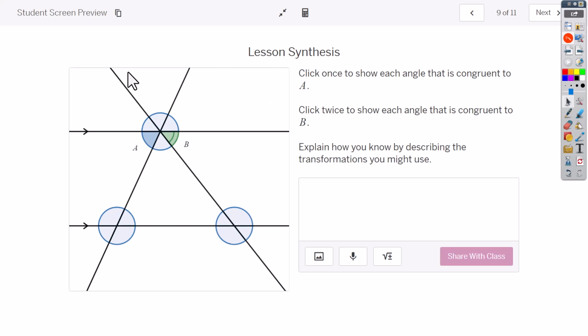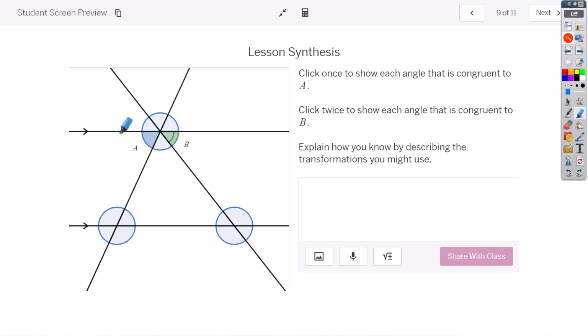All right, now this gets a little bit hairy, but let's see if we can keep our eyes focused on what's important. I'm going to go back and highlight a few things. So we're asked to first click once to show each angle that's congruent to angle A, this one over here. Well, I'm going to make sure I'm looking at the lines that make up angle A. I don't want to mess that up. Let me see if I can make this a little smaller.